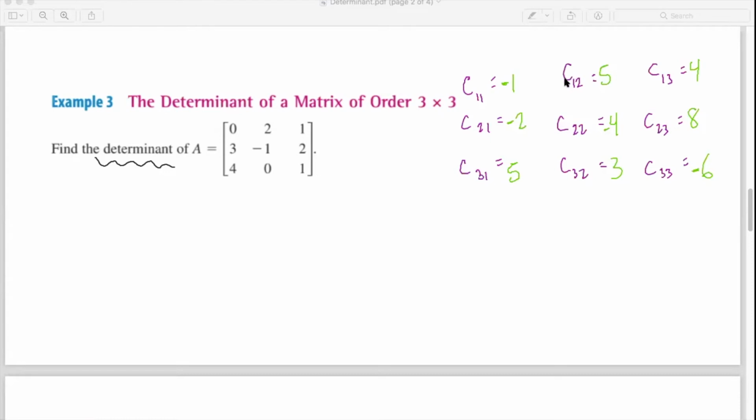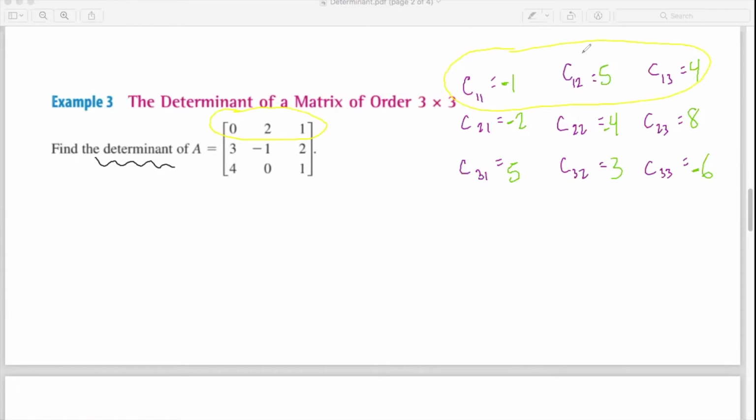It's your choice. You may pick whatever row you want to work with, row 1, row 2, or row 3. For this example, I'm just going to choose row 1. And what that means is I have to also use row 1 of the cofactors to go with it. It's kind of a matching thing.